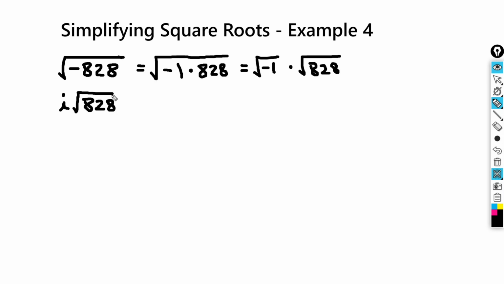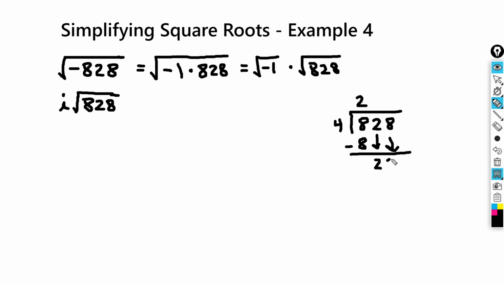Now, interesting thing here is that I notice that 828 ends in 28. That means if the last two digits are divisible by 4, then the number is divisible by 4. So let's divide 828 by 4 to see how we can break this apart. So 4 goes into 8 twice. 2 times 4 is 8. 8 minus 8 is 0. Bring down the 2.